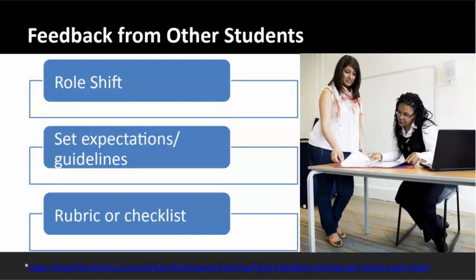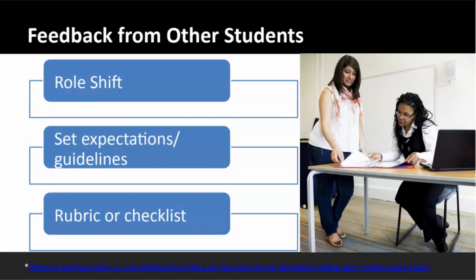And one of the things that can come up if you have students give feedback to each other, they want to be part of that learning community. We work hard at building that, and so we want this to be a positive sharing of information, not a, oh, you didn't do this correctly or whatever.